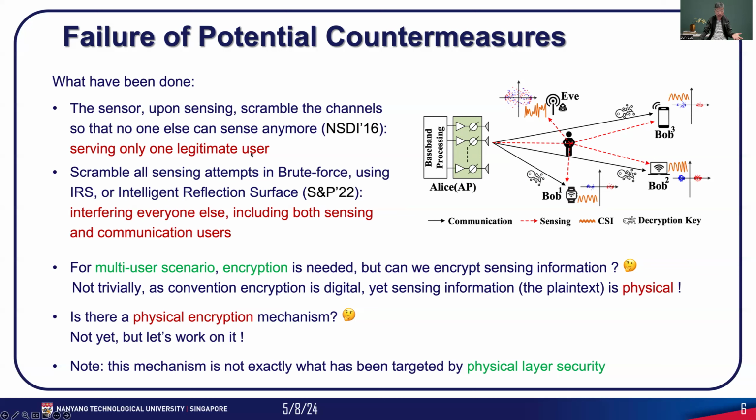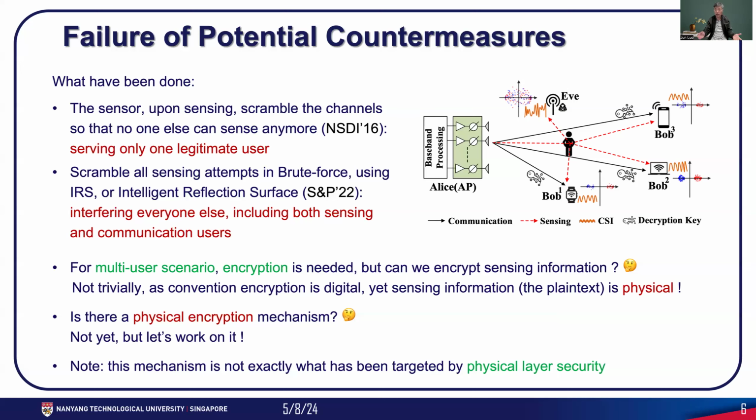That's okay if you have only one legitimate sensing user, but what if we have more? The other proposal, which is more recent, is actually brute force, because it requires using a so-called intelligent reflecting surface to generate jamming for everyone, including the communication users, which are the main users of Wi-Fi, and also the legitimate sensing users.